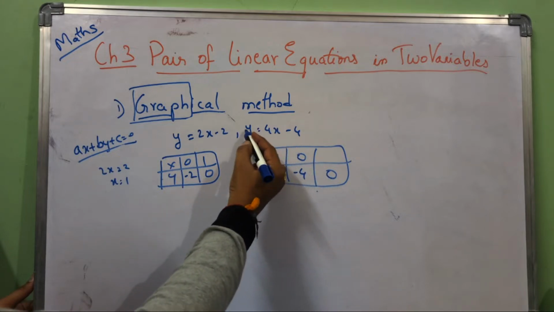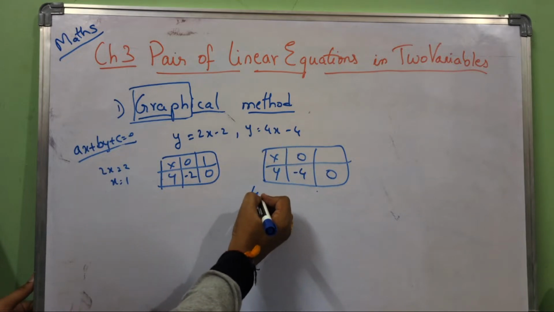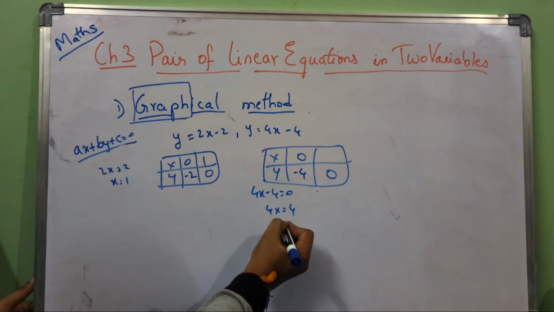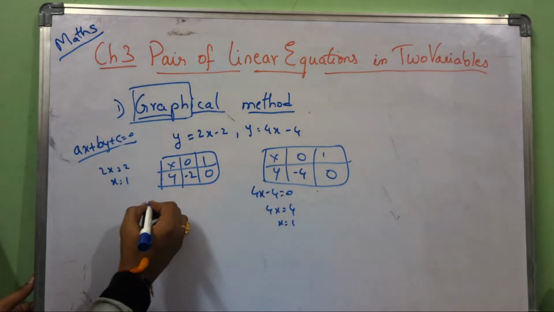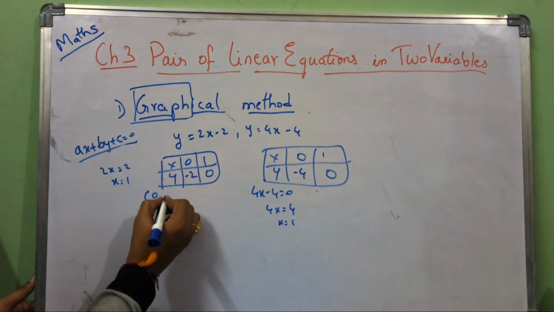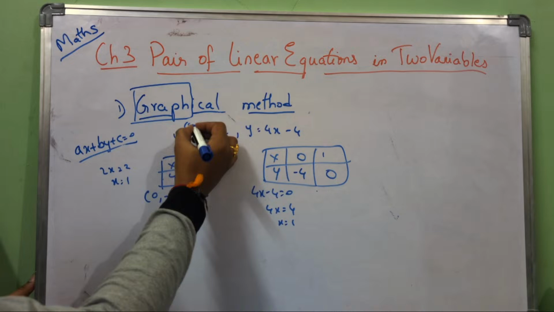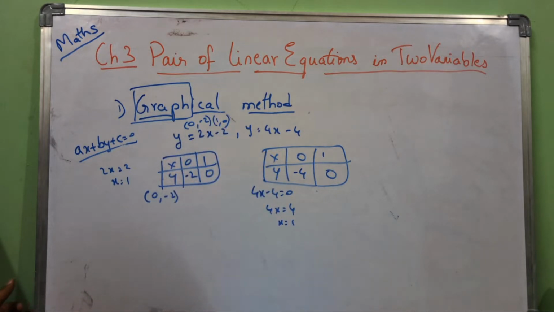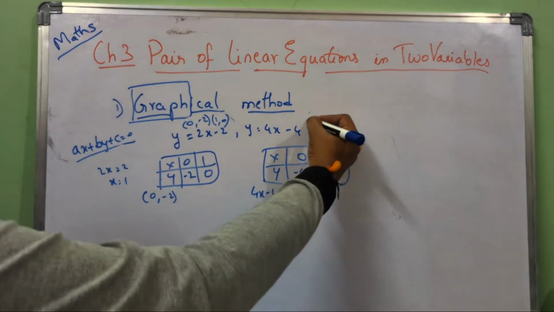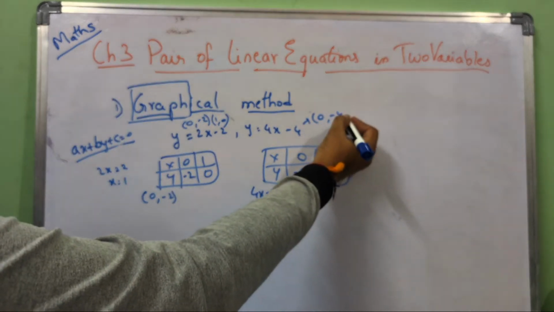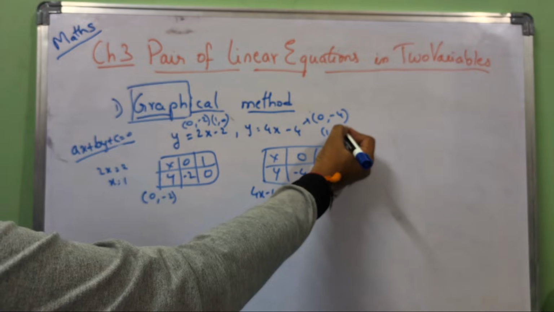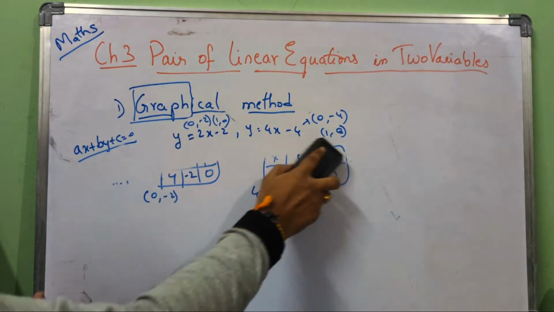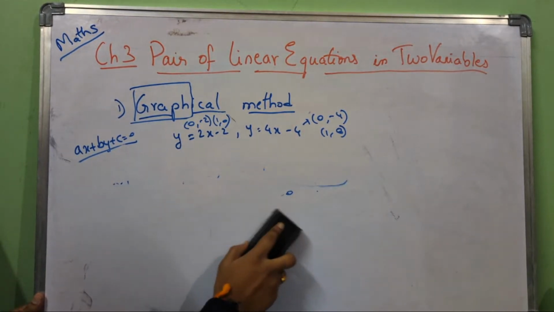If y is 0, 4x equal to 4, so x becomes 1. So I got the two points. The first equation points are 0, minus 2 and 1, 0. Let's try to solve graphically.